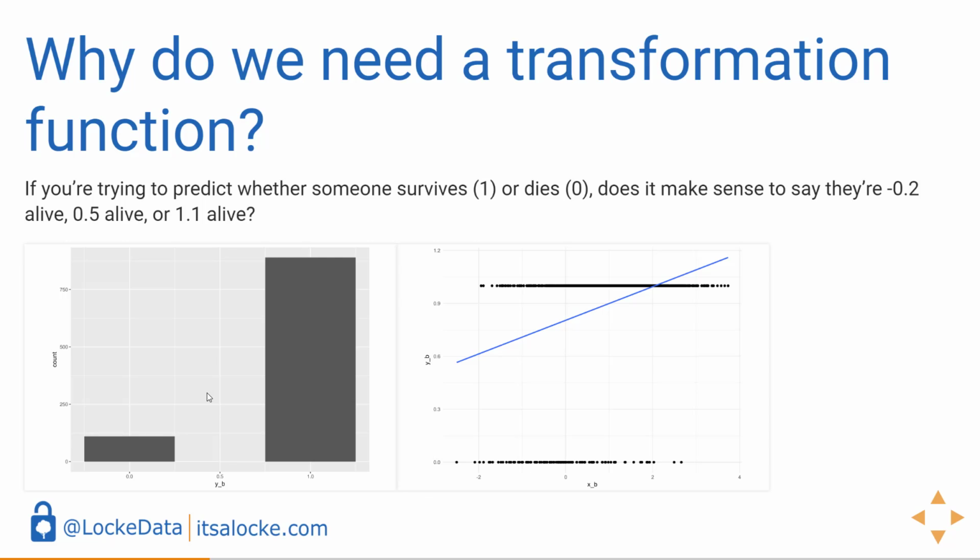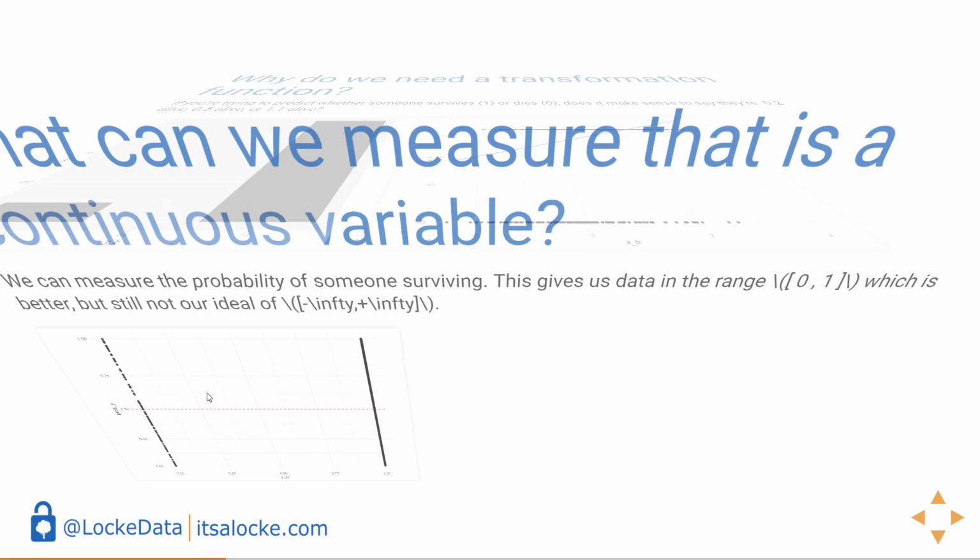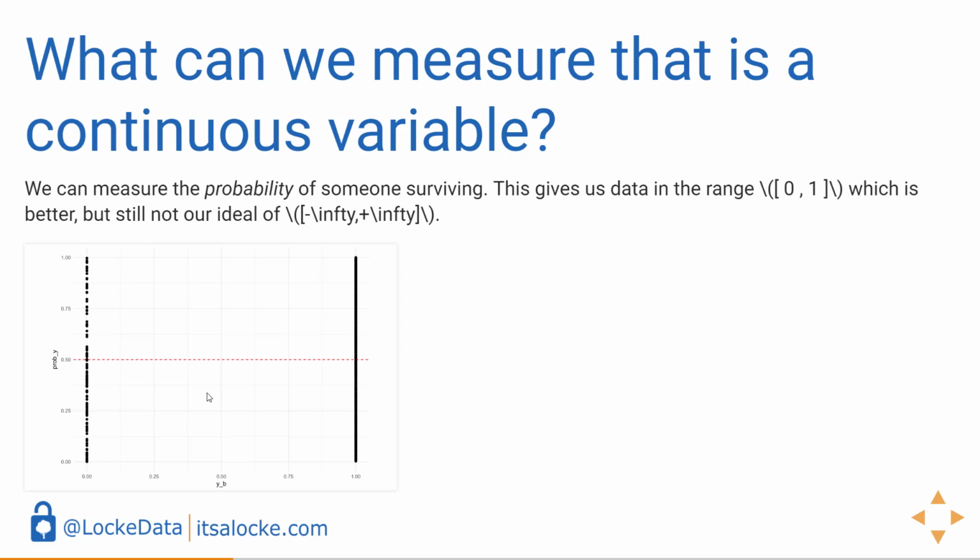So the first thing we can think of is, what could we do that moves us away from just ones and zeros? And the first thing is probability. We can say how likely someone is to survive. And when we do that, that gives us a 0 to 1 range. So all our outcomes where they didn't survive, each one might have a probability of survival that is hopefully pretty low.